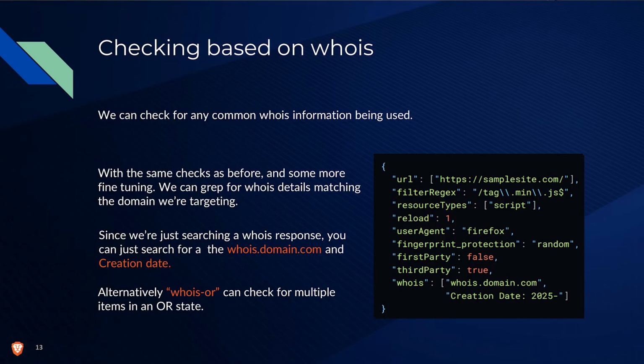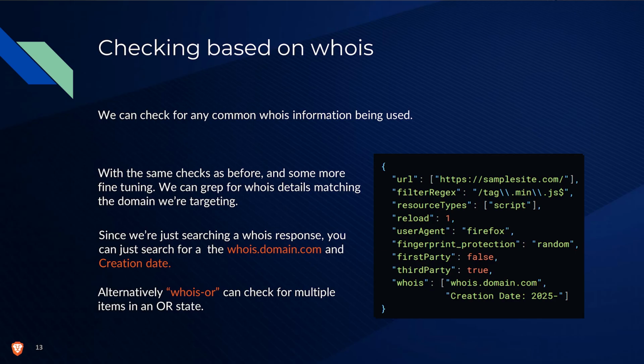So in this case, we can check the whois of this. We'll do a whois on anything that's got tag.min.js, and then as long as it's matching the whois.domain.com and the creation date, you can then know that you've got the right site. That said, though, you can do whois or, which you can combine, say, creation date of 2025 or 2024. So basically, you can search for multiples in the whois as well.